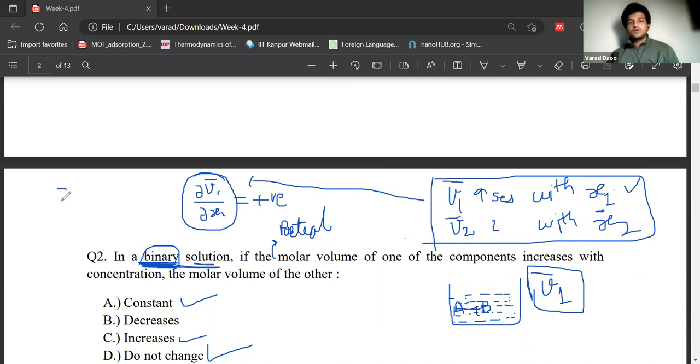Once you are able to find whether the derivative of V2 bar with respect to x2 is positive or negative, you will be able to find the answer. So this is a hint. I'll give you a couple of minutes to check. If anybody has any doubts or questions, they can ask now, and others who have understood the question can solve it.